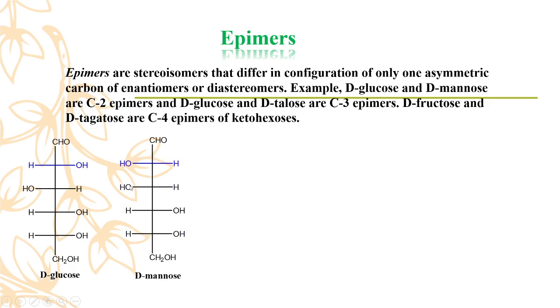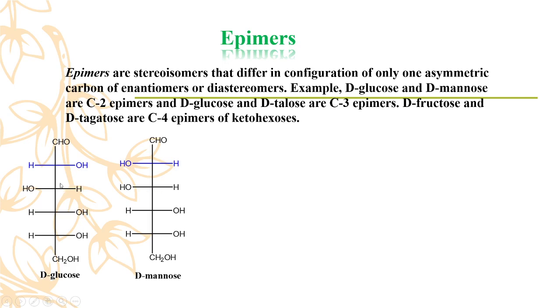In this structure, the OH is on the left hand side, therefore the configuration of this chiral carbon atom is S, but the configuration of these 3 chiral centers is the same. That means this is R, this is R, but this carbon has the S configuration.